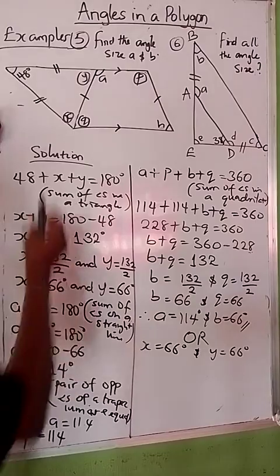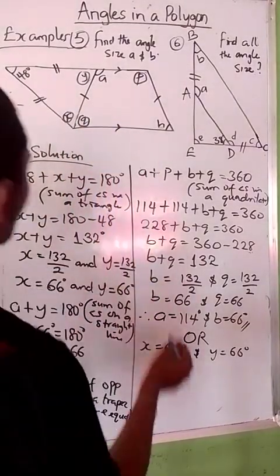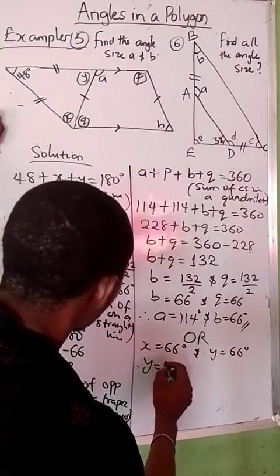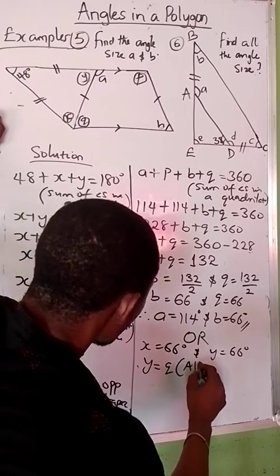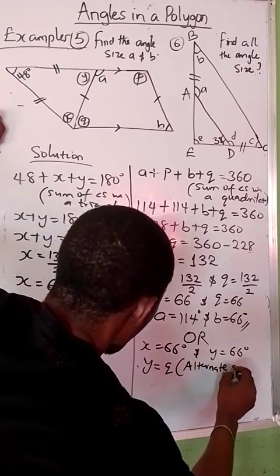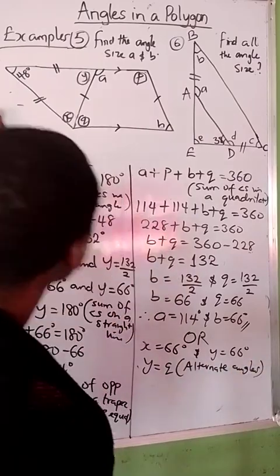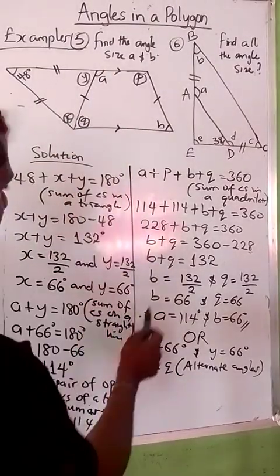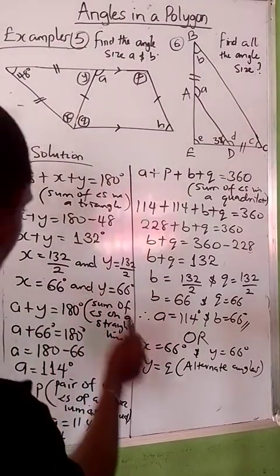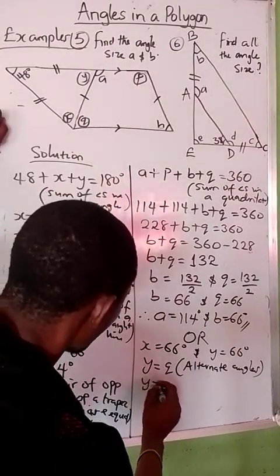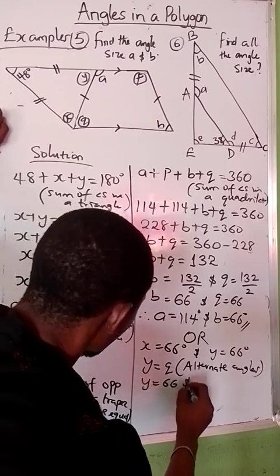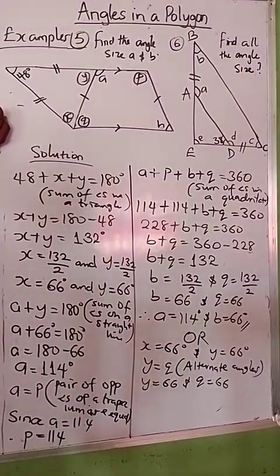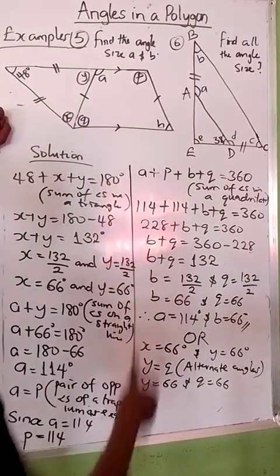So we can say y equals Q, alternate angles. Since this y is 66, Q equals 66.